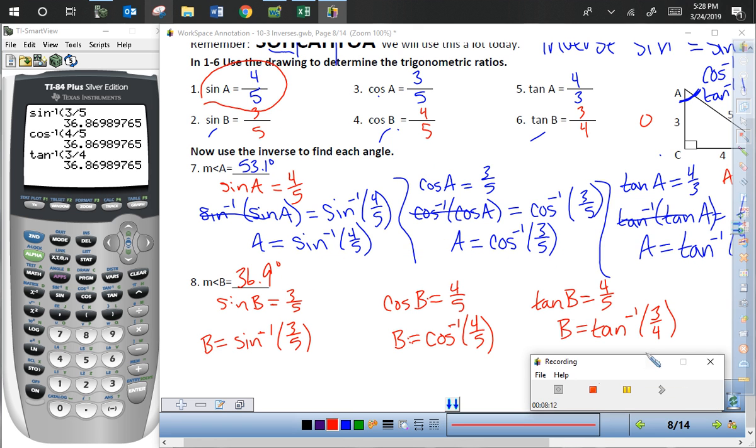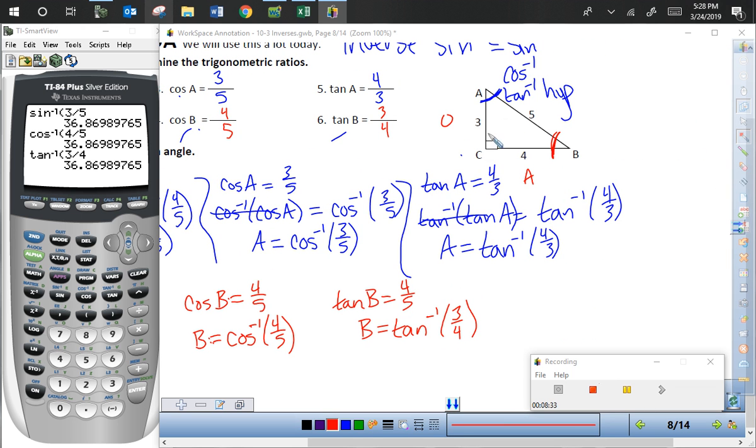Alright, so you can check your work here. You've got 36.9 degrees, and that could be using sine, cosine, or tangent, the inverse of any of those. They all come up with the same value. Now, what I want you to pay attention to here is our 2 angles, the special relationship between those in our triangle here. We know that the 3 angles in a triangle should equal 180 degrees.